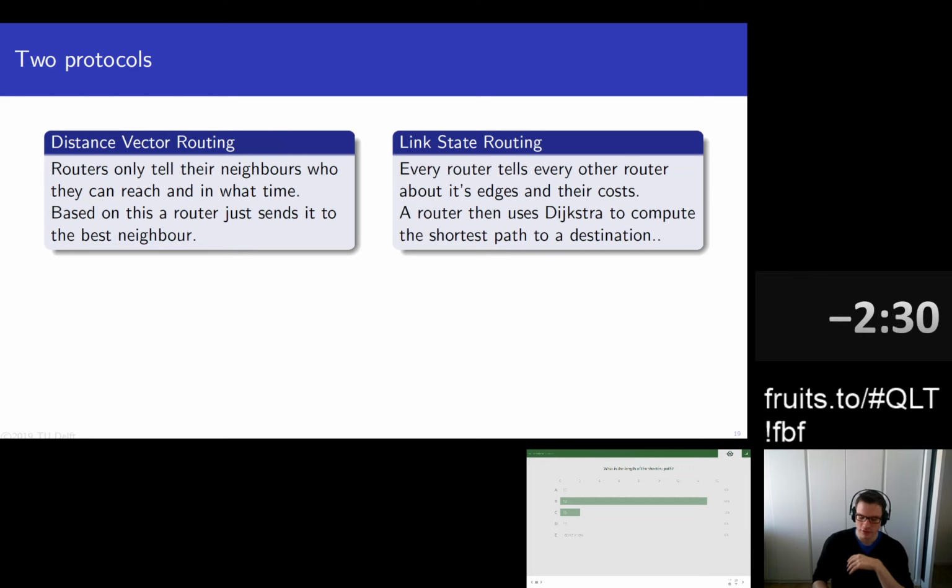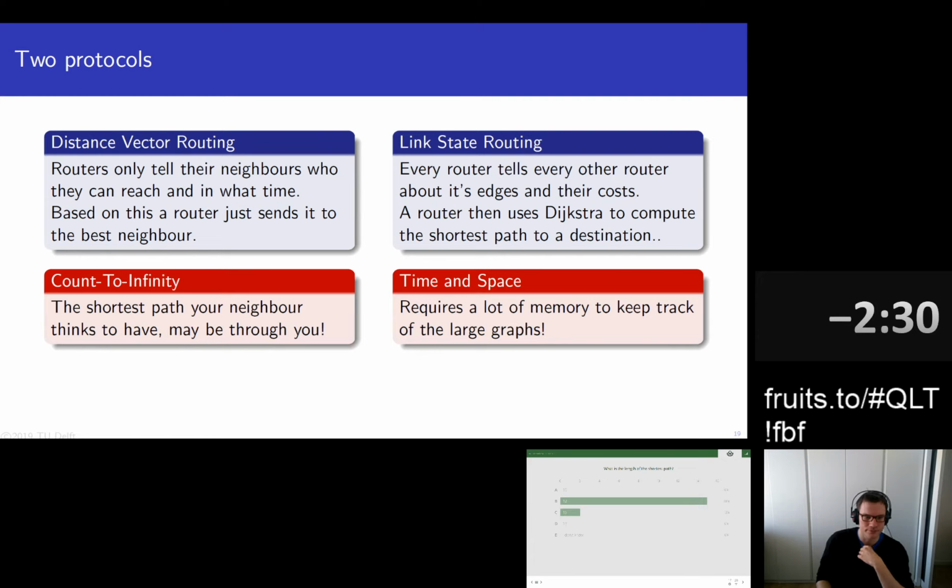Now, there are advantages and disadvantages for both, and both have one very big disadvantage that's different for both of them. In distance vector routing, I ask my neighbor, what's the shortest route you have to place A? And it might say, well, my shortest route is length 18. But that might rely on the fact that that router is thinking, yes, to get to destination A, I'll just send it to you first, and then you have a route of length 17 to send it somewhere else. So the shortest path that your neighbor thinks it has may be a path through you.